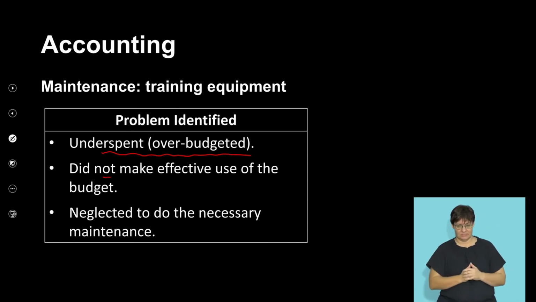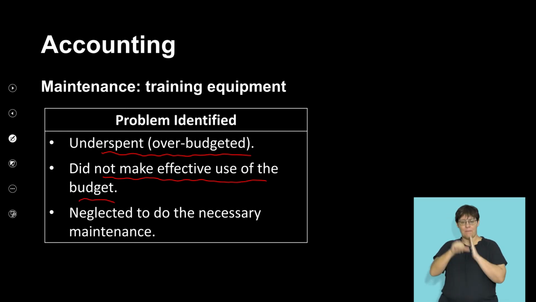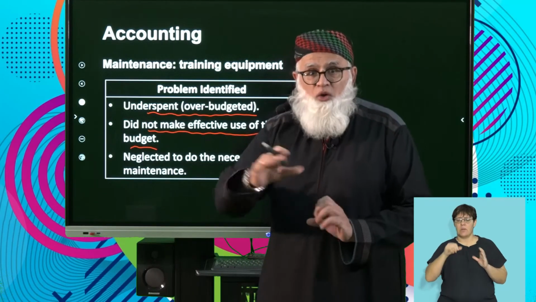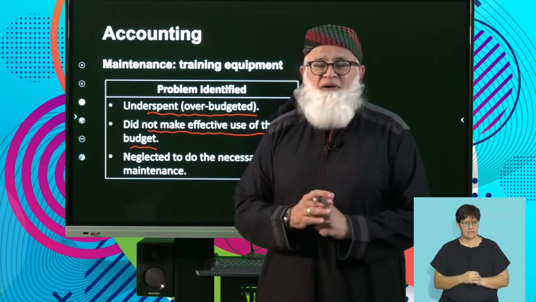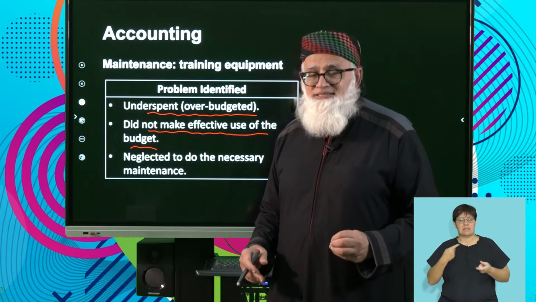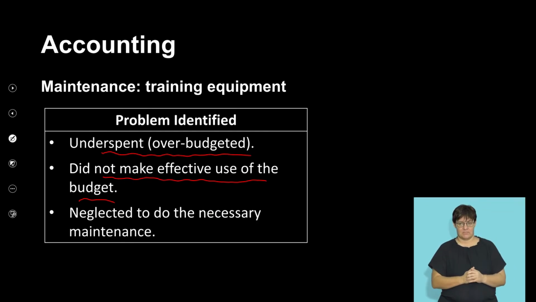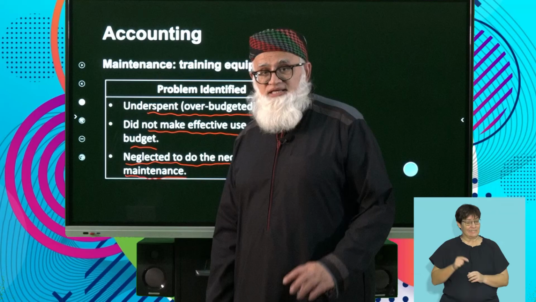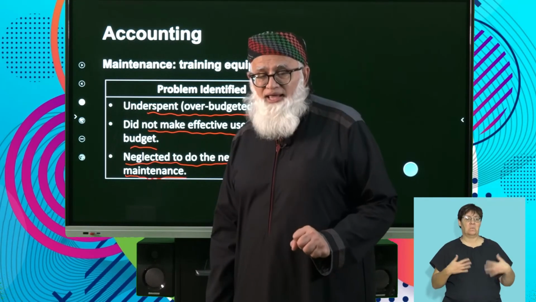We did not make effective use of the budget. That means you allocated 13,000 Rand for the maintenance of your equipment. You were given that budget, but you did not spend it, right? It could be that we neglected to do the necessary maintenance. And this is serious business. Why?